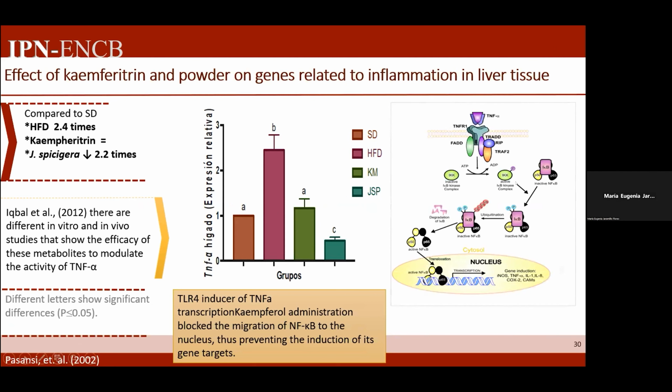This is the signaling pathway that we can find when TNF-alpha forms a complex with other proteins to induce the transcription factor NF-kB, to produce many other pro-inflammatory proteins, like interleukin-1, interleukin-8, and more.